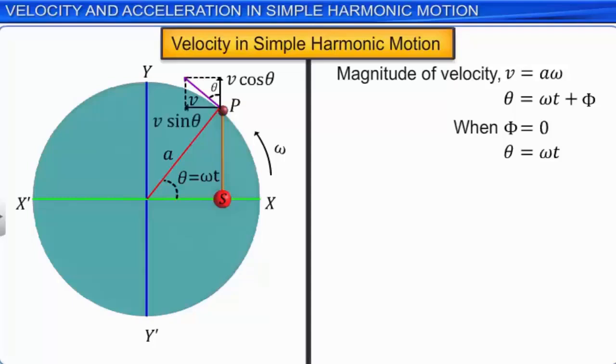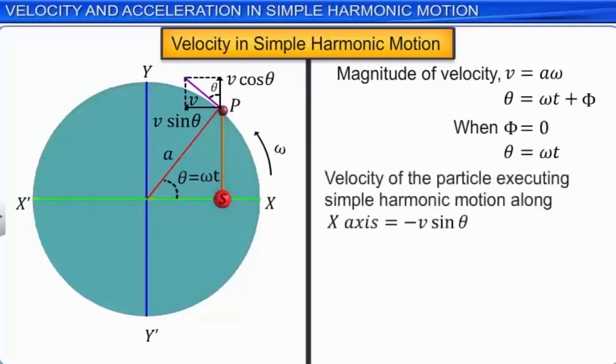Then the component v sin theta represents the velocity of the projection, which is executing simple harmonic motion on the diameter along the x-axis. Velocity of a particle in simple harmonic motion is equal to minus v sin theta. The negative sign is due to the direction of the velocity at that instant, which is opposite to that of the positive x-axis.